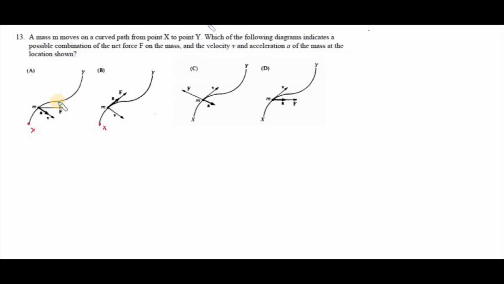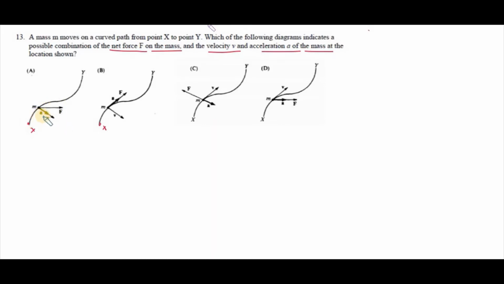Now let's analyze the options one by one. In the first case, we have the net force F on the mass, the velocity v and the acceleration a of the mass. In the first case, the directions of acceleration and velocity are the same. But the velocity direction is always tangential to the path, so the object would have tangential velocity.